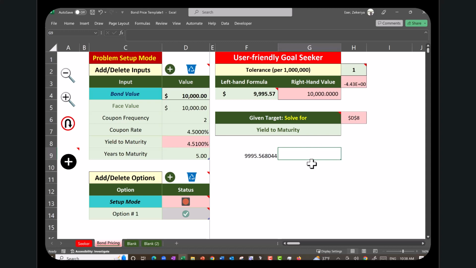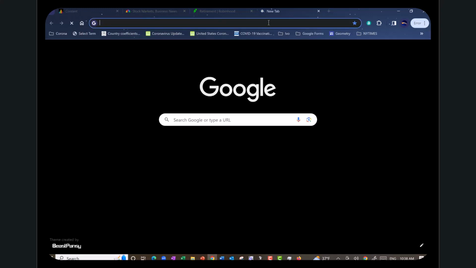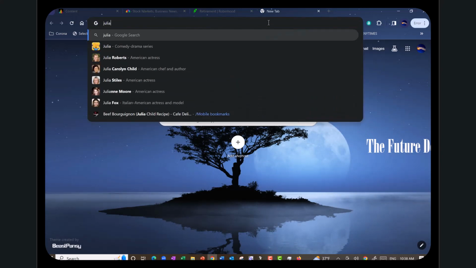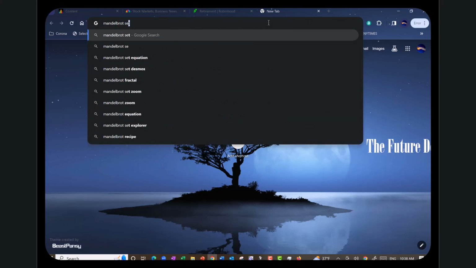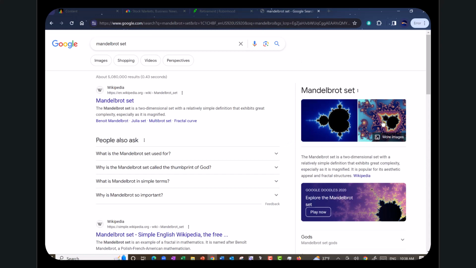Have you guys ever heard of something called fractals? Okay, let me show you a picture. This picture is obtained using only mathematics. Actually, I'll show you this simple one first. This set is called the Mandelbrot set.